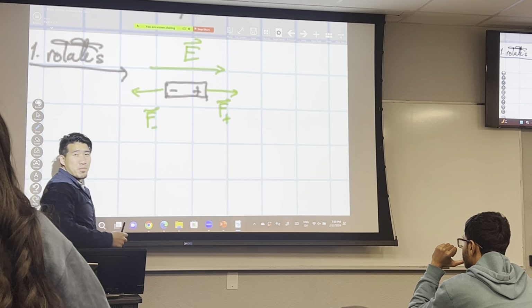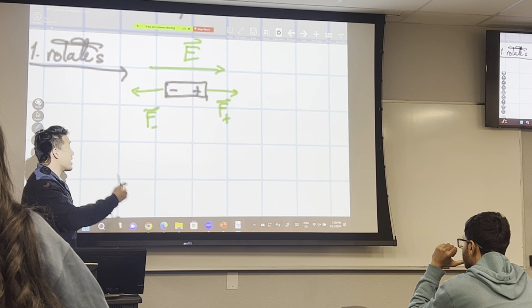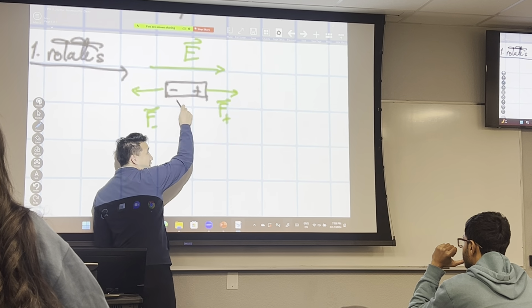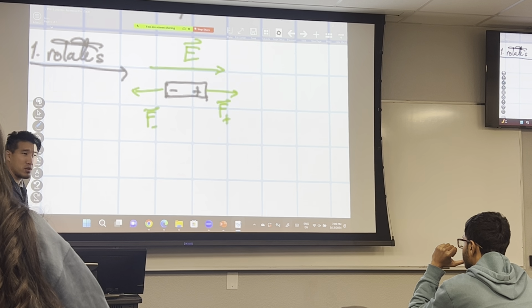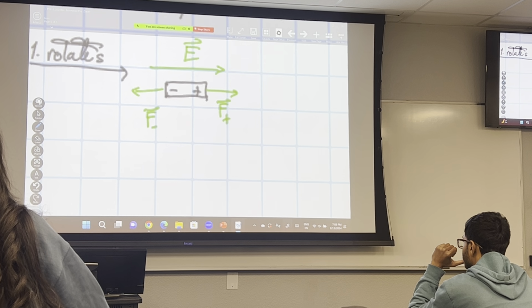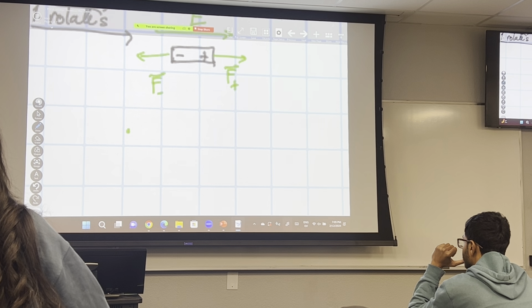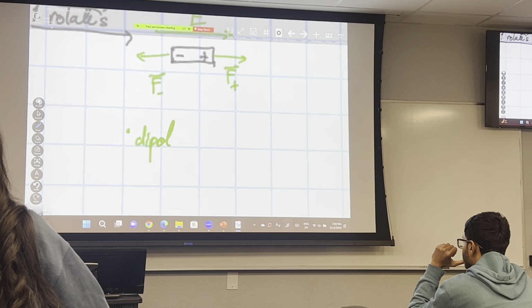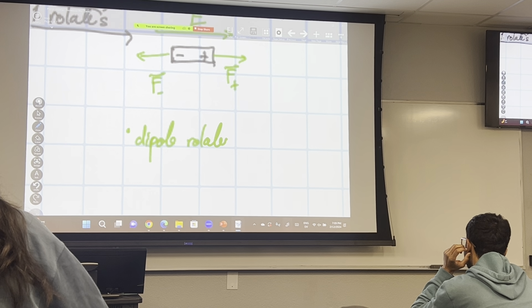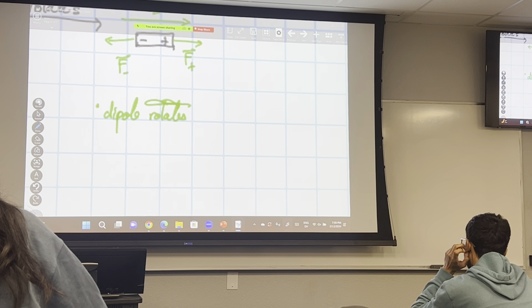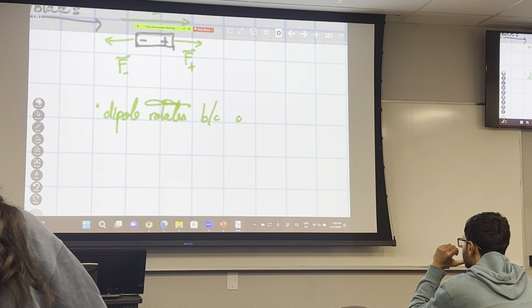As long as the dipole was overall neutral at the beginning, the positive and the negative are going to have the same total amount of charge. So here we could say the dipole rotates because of F plus and F minus.